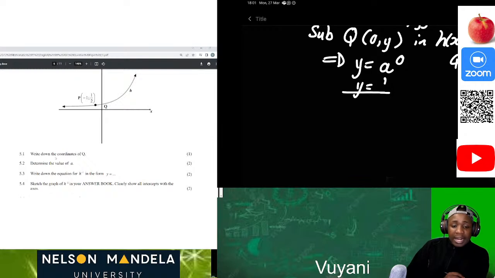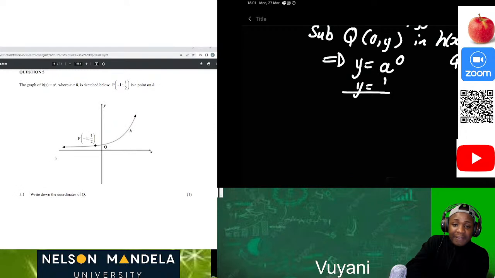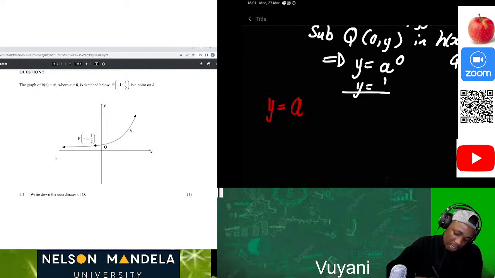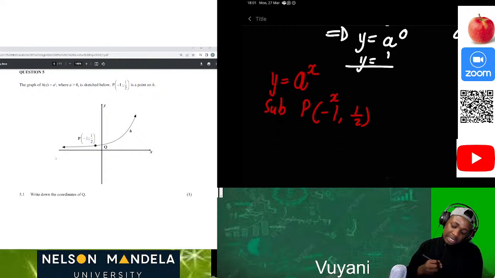Now, determine the value of a. How can you determine the value of a, guys? I think you can have two options. So we have y equal to a^x, then we substitute point P, which is (-1; 1/2). Where there is x, we put -1.